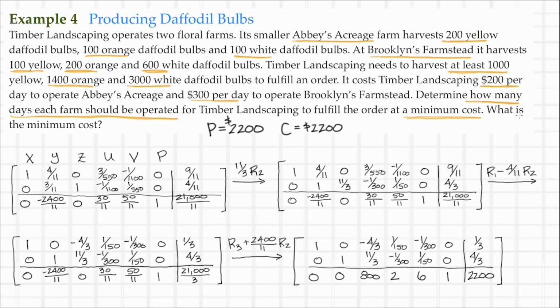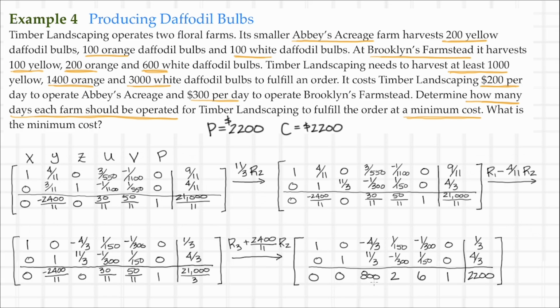Of course, it says what is the minimum cost? That's our $2,200. But again, it says how many days each farm should be operated. Don't forget Abby's acreage was X, Brooklyn's farmstead was Y. And of course, we're going to find those values in the last row under the columns of our slack variables.